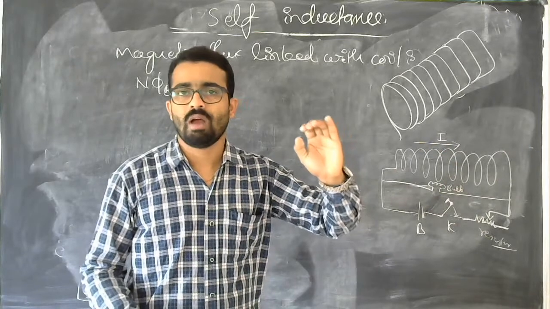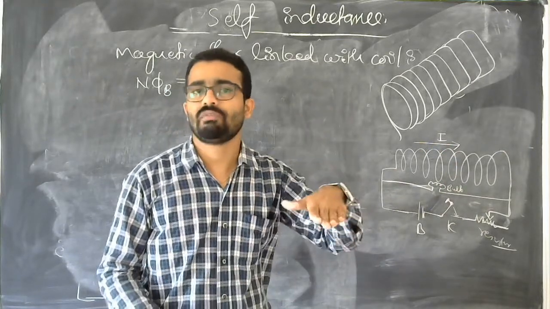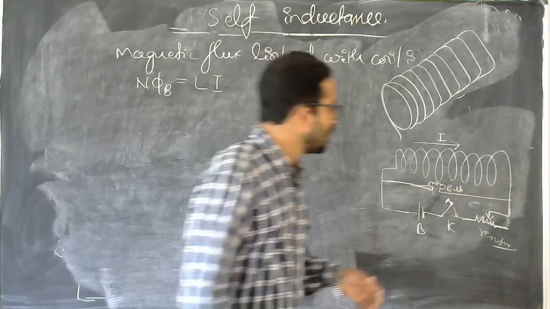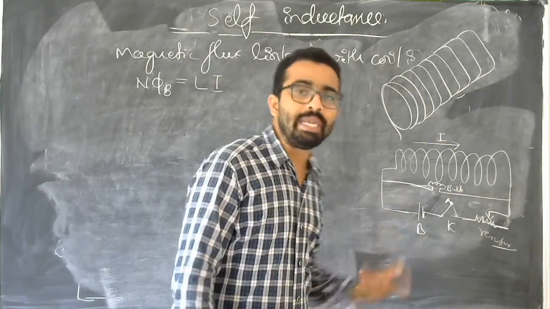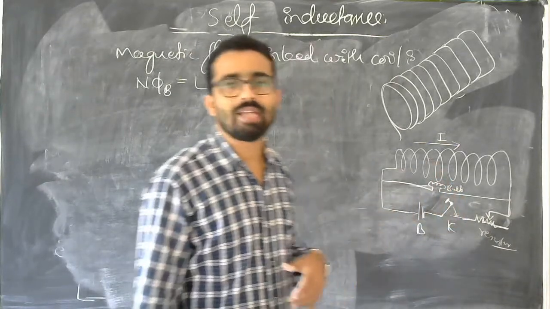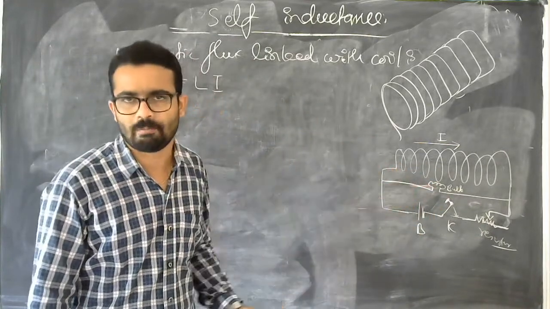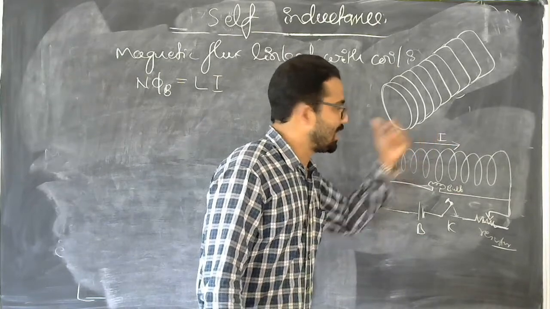So at the point of contact, when you press the key, the current suddenly rises. At that point of time, an EMF is induced in it. Whatever voltage is induced there will oppose this current.